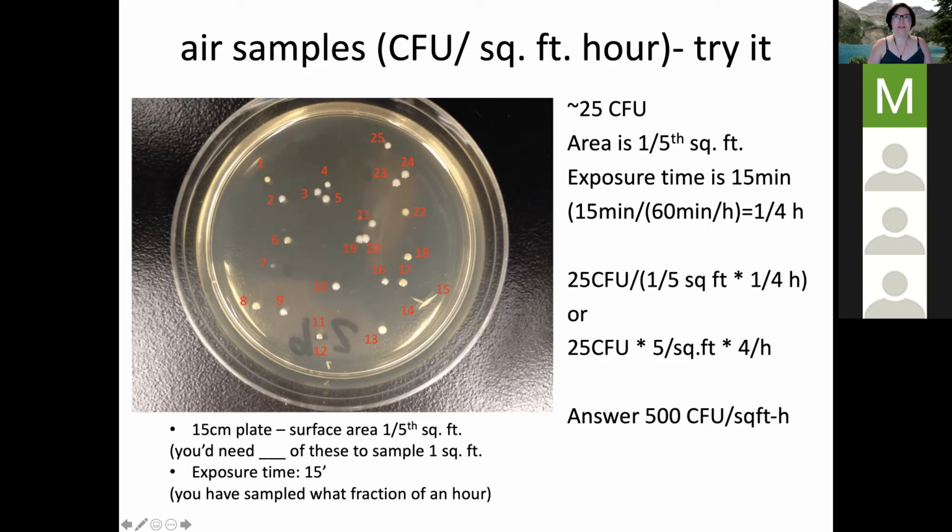Yeah. So think about it this way. Let me ask you this question. If this plate was exposed for 10 minutes, and this is what we got on it for 10 minutes, we got 25 CFUs in 10 minutes. How many 10 minutes are there in an hour?